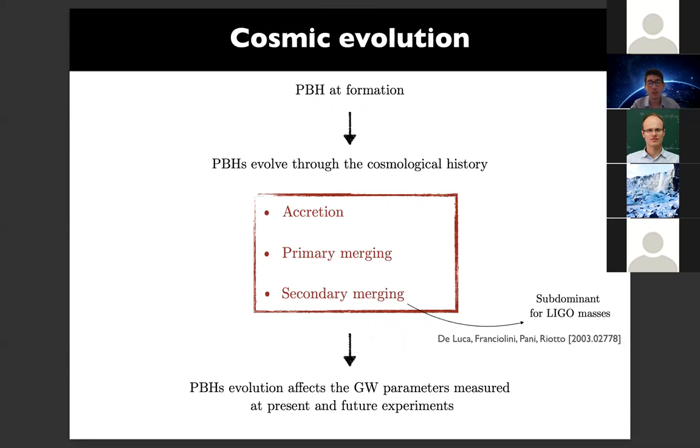But there are also secondary mergings, in which one of the components arises from a previous merger. However, for the LIGO-Virgo range of masses that I will consider in this seminar, the probability to have a secondary merging is found to be negligible. So we will neglect it in the following, and just show how accretion and primary mergings will affect the primordial black hole properties and see their impact at the present experiments.